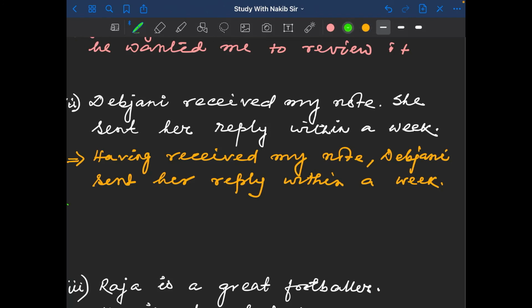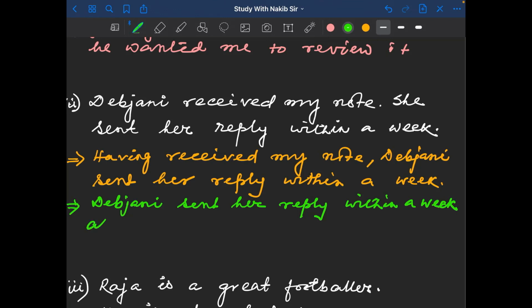See, this way. Devjani sent her reply within a week, when, after she had received my note.